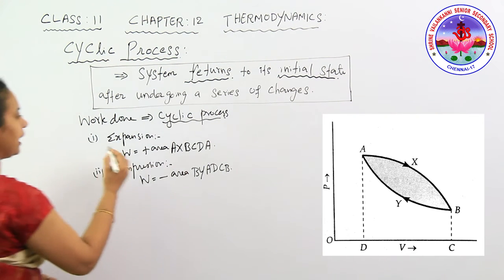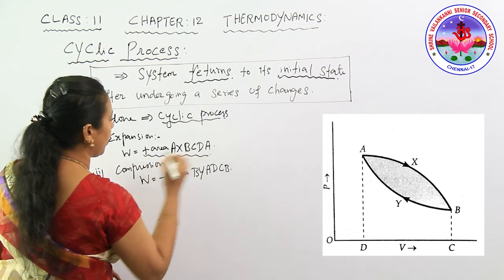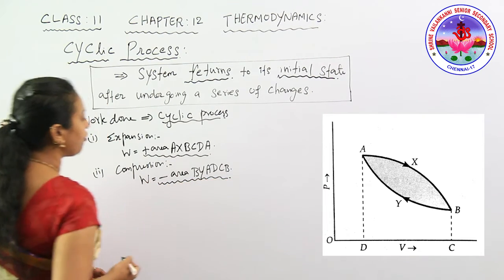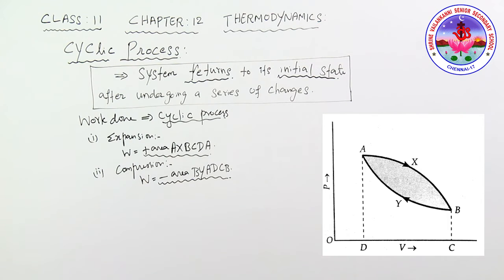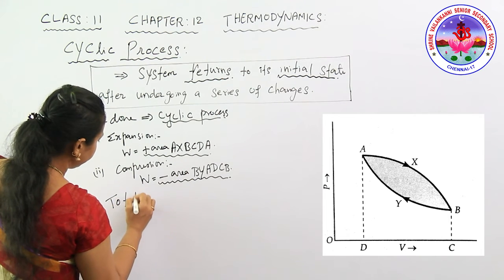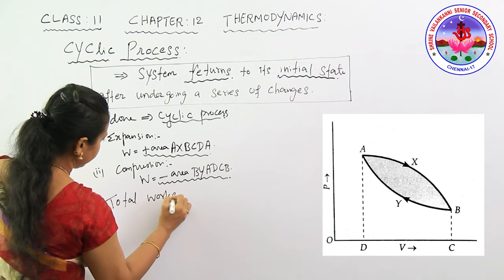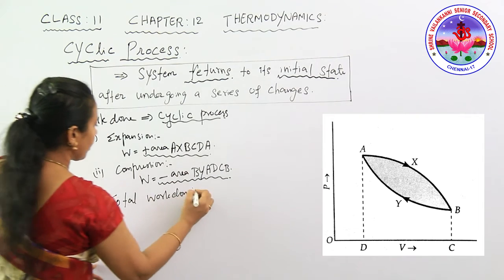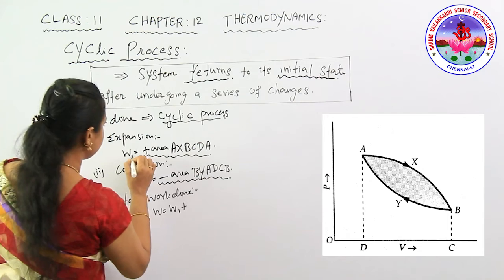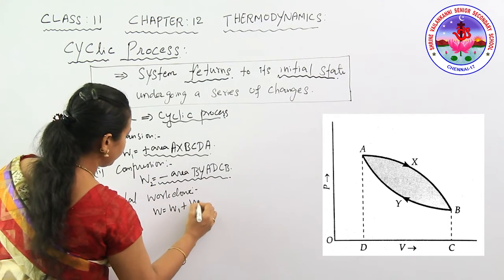So this is for the expansion, it is moving in the positive. Then for the compression we have taken negative area of BYADCB. Now you need to know about the total work done. So W is equal to W1 plus W2.